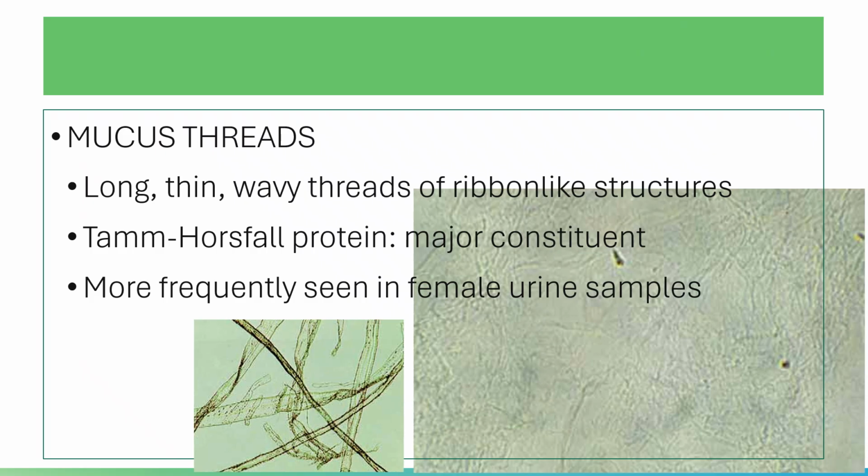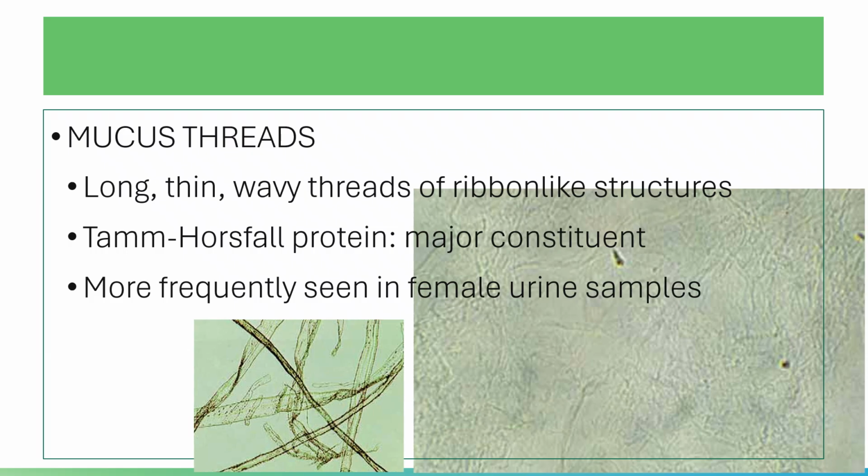Then you have your mucus threads. They are long, thin, wavy, ribbon-like structures. The major constituent of mucus threads is Tamm-Horsfall protein, and they are more frequently seen in female urine samples.